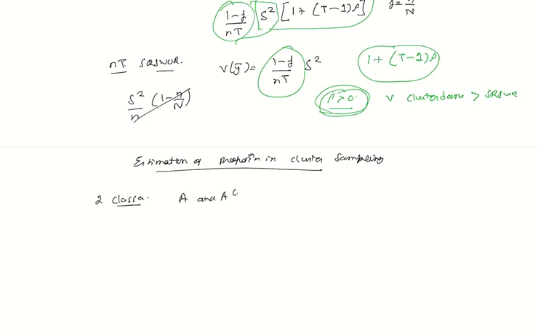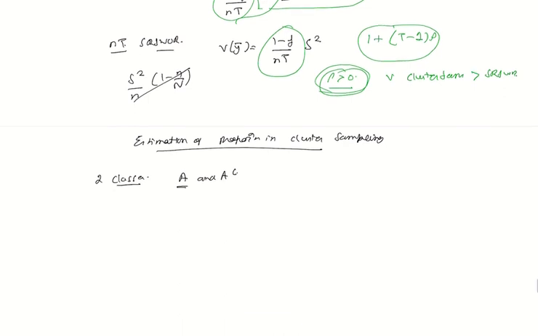Our objective is to estimate the proportion of elements in the population which belong to class A. The proportion of elements in A is P, and for A complement it is Q, which is nothing but 1 minus P, and we want to estimate this P.